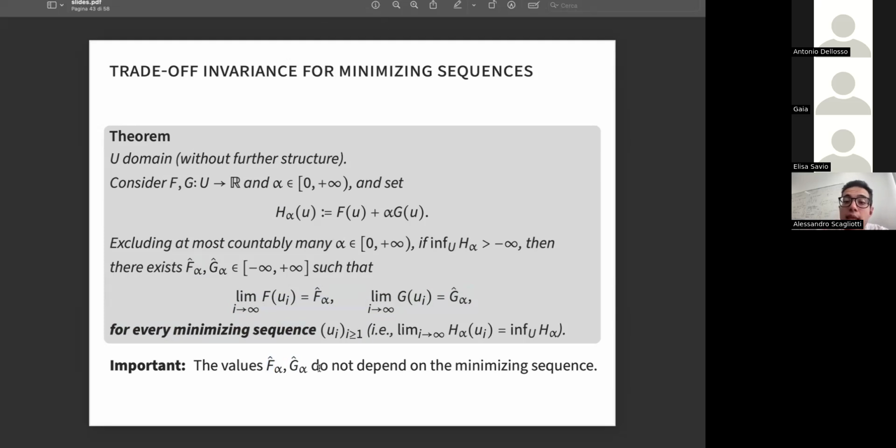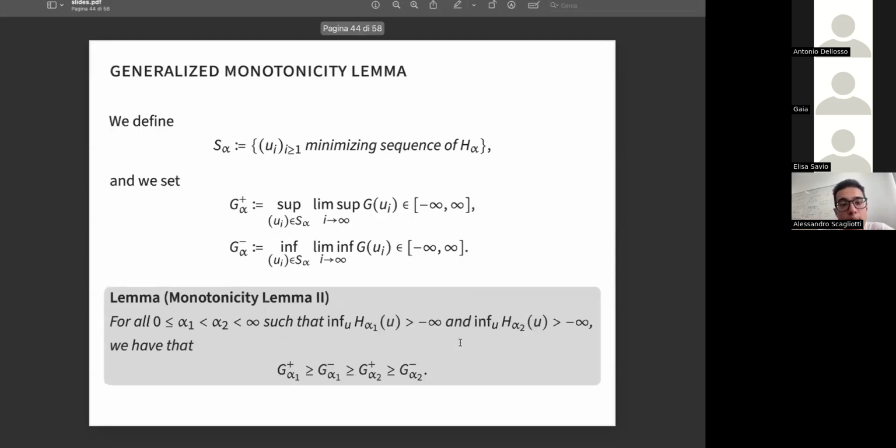So it's not a theorem that is stating that along minimizing sequences these limits exist, but it is saying that there exist two constants for which the limits of f and g evaluated on the minimizing sequences exist and are always equal to these constants. Okay, this is the statement for the minimizing sequences.